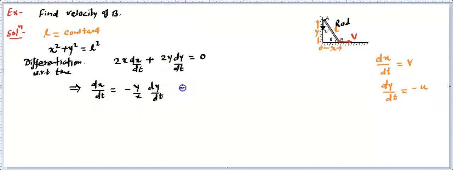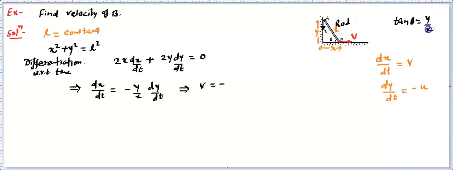So dx by dt, the velocity we are looking for, will become equal to minus y by x times dy by dt. Now in this triangle, theta is varying in such a way that tan theta is going to be y by x at any instant, and the instant we are using for that theta is given to us, so y by x will be tan theta.